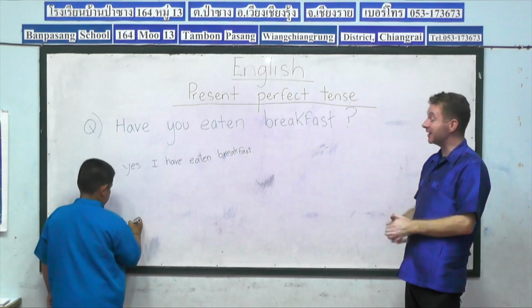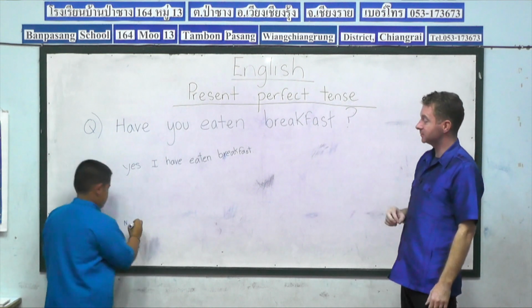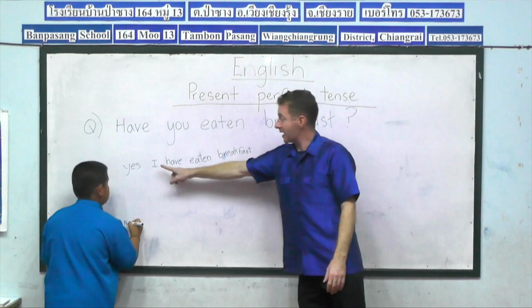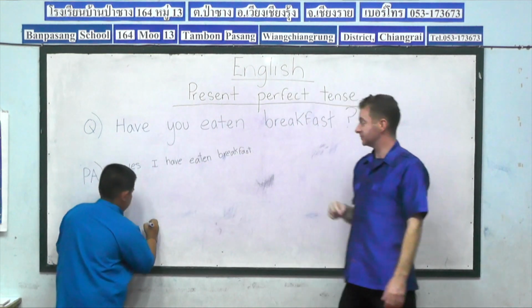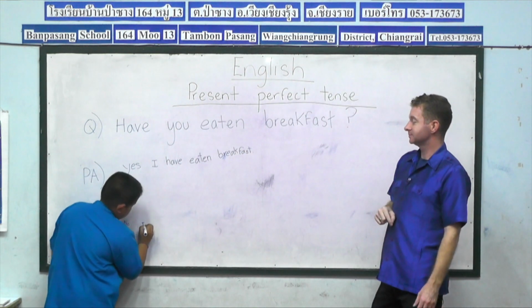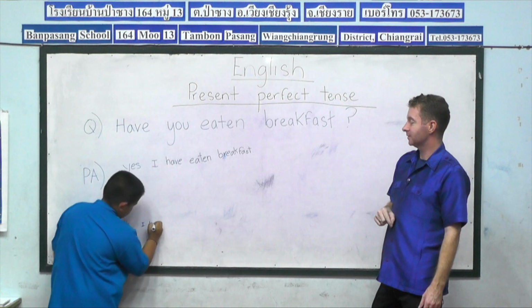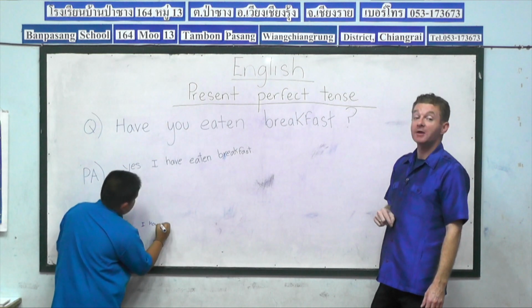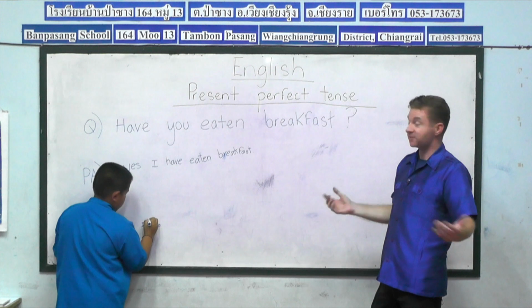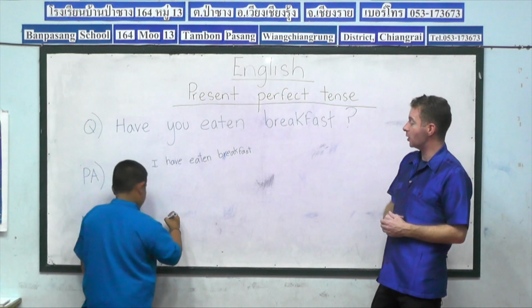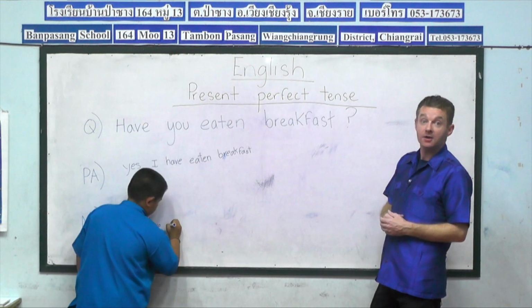Perfect. You see, we begin with no. I have. And then what's the special word we use for negative? Not. I have not. N-O-T.